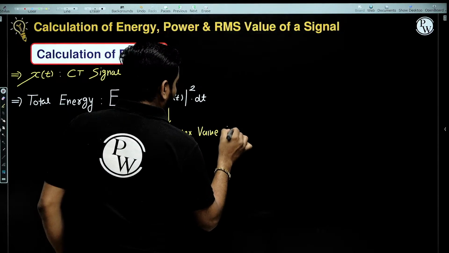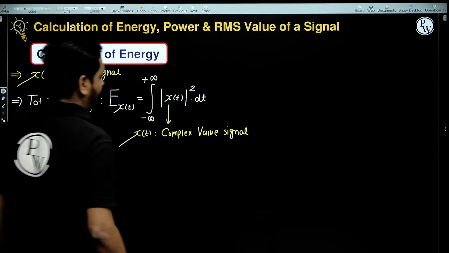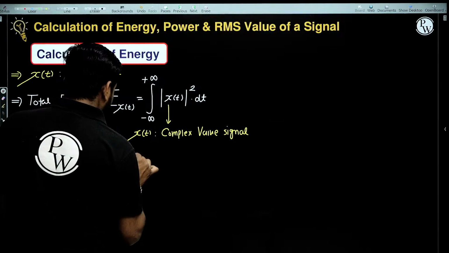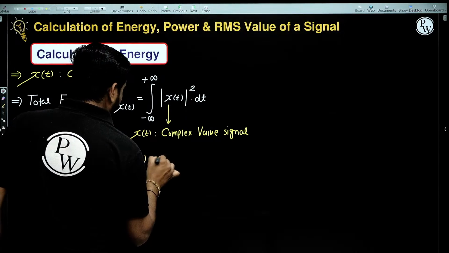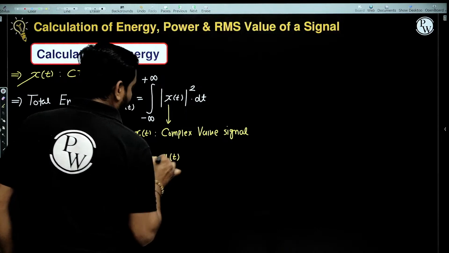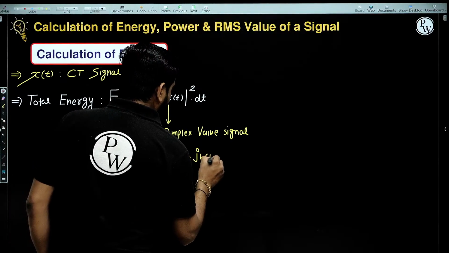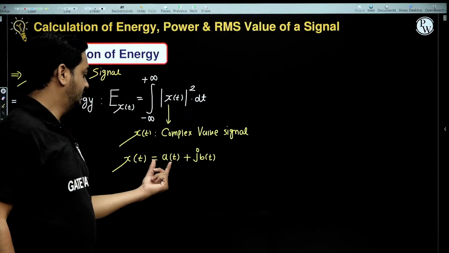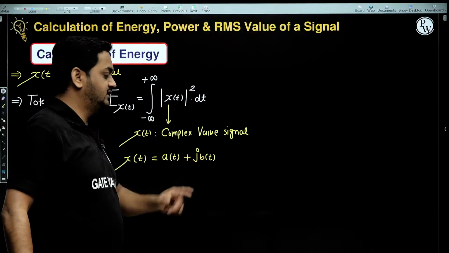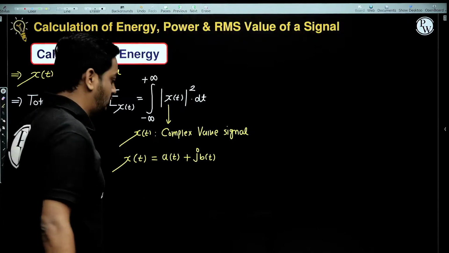Complex value signal means x of t is equal to a of t plus j b of t. So the real part is a function of t as well as the imaginary part is a function of t. It is known as a complex value signal.